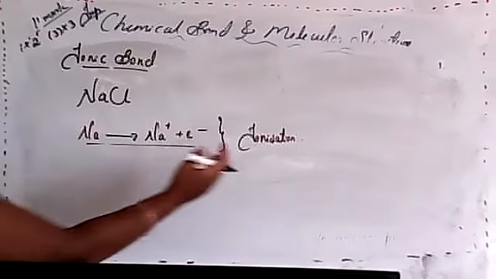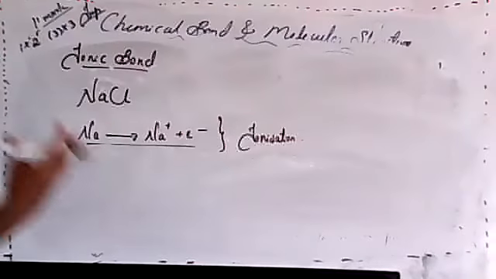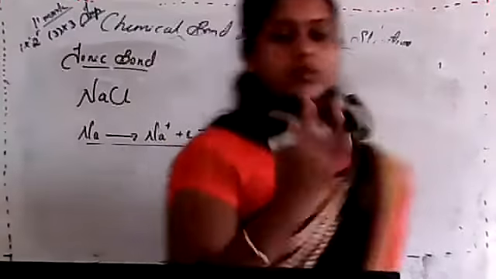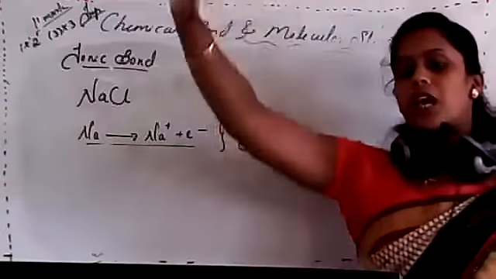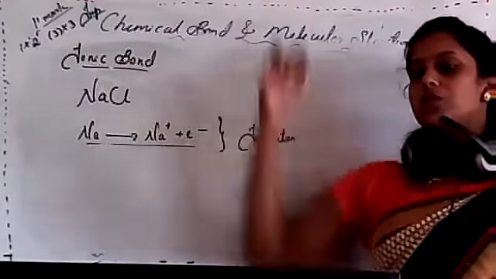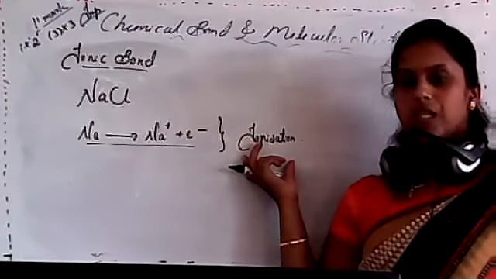Removing one electron, that means the process where the electron is removed from the outermost shell. Removal of electron from the outermost shell is known as ionization.